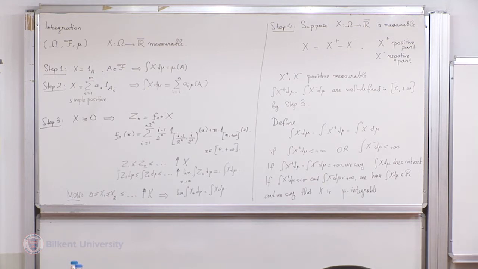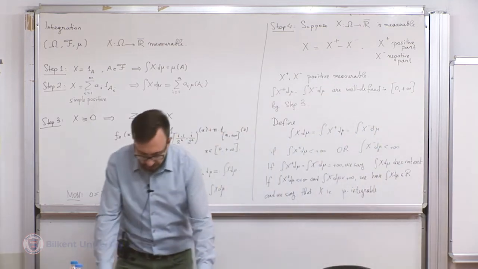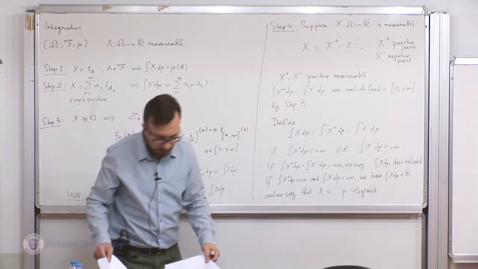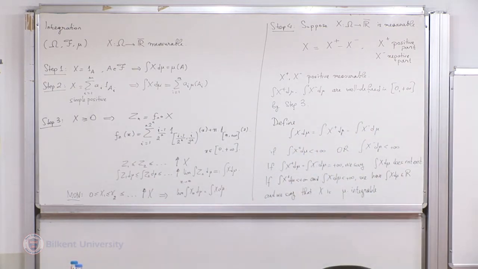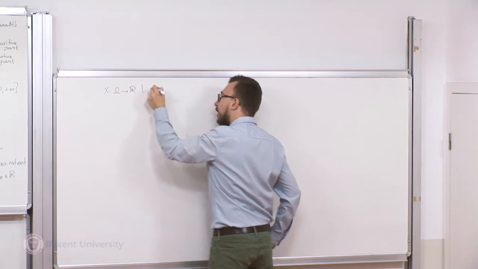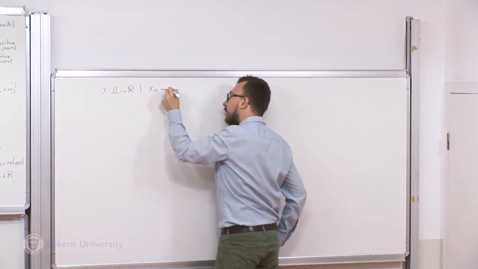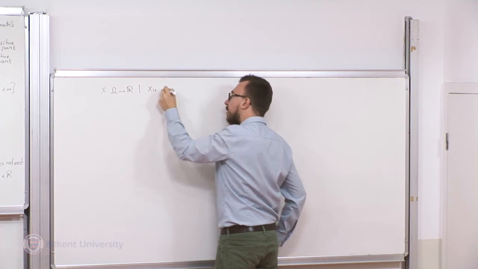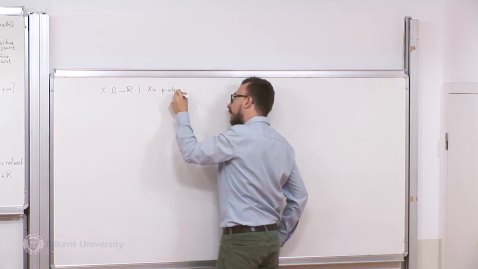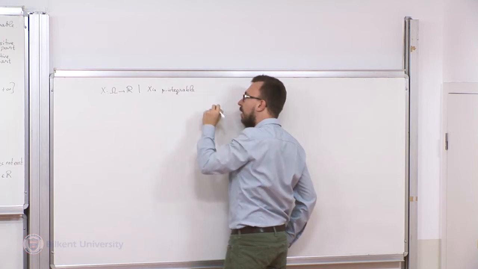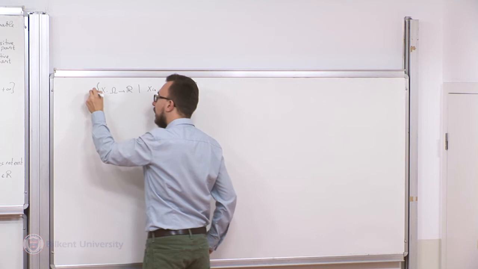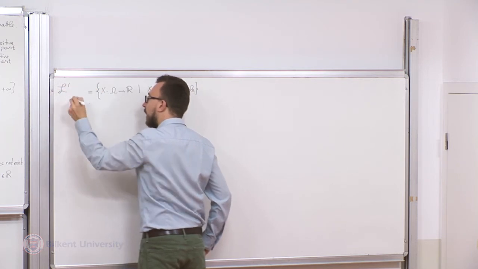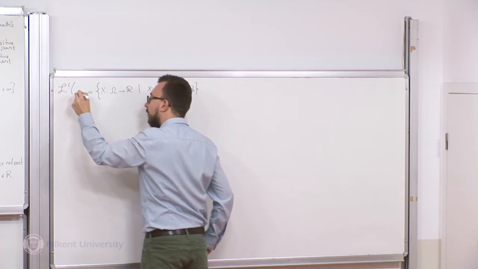And in fact, we have a notation in the real valued case. If you look at all x from omega to R, where x is mu integrable, which automatically needs measurability, the collection of all such random variables is denoted by L1 of mu.